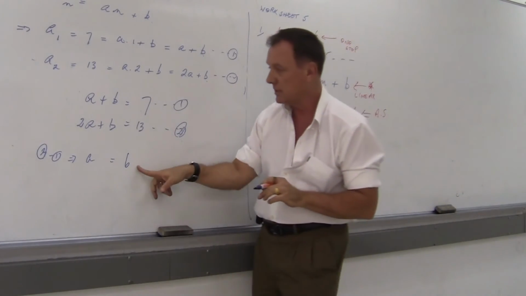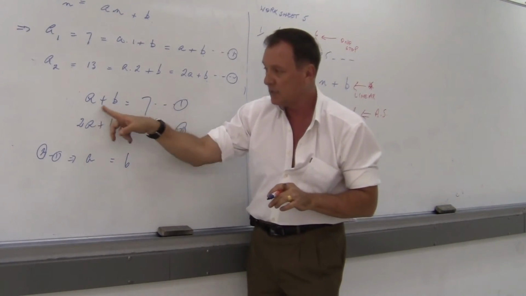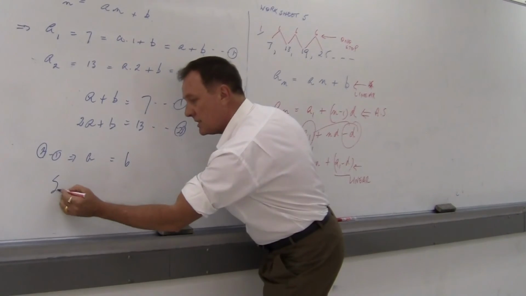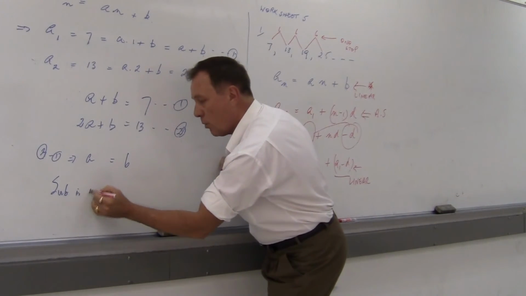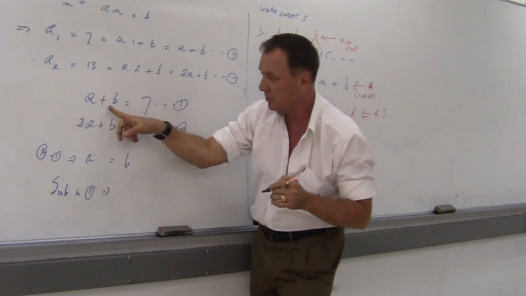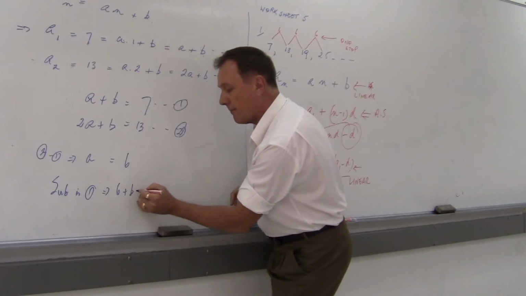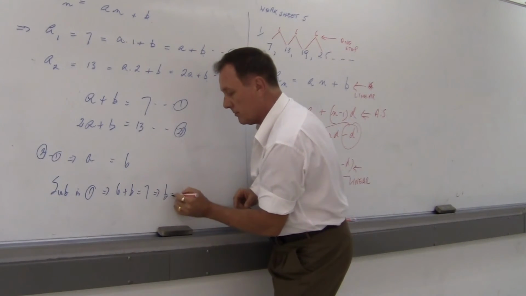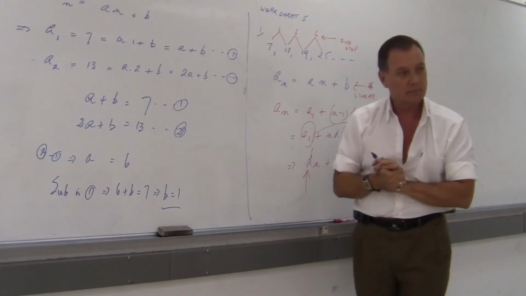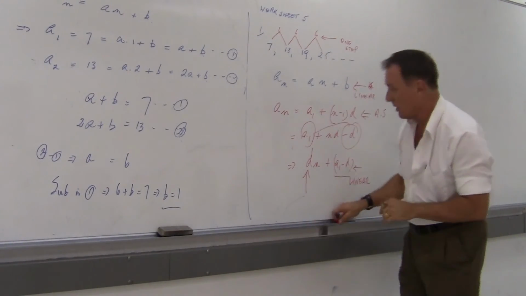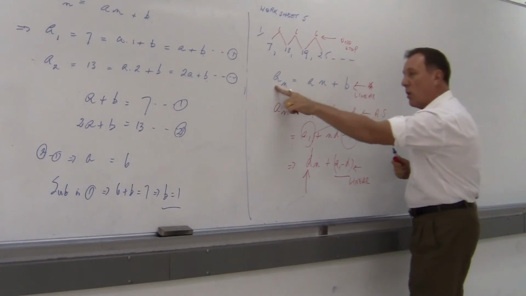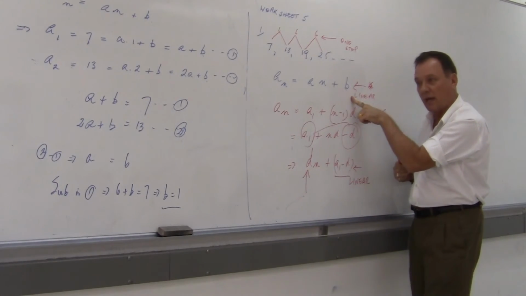Alright, now with a equals 6, if I go and sub in equation 1, what do we get? 6 plus b equals 7. So b equals 1. Alright, now what does it mean though? Here, this is what we say the nth term must be. And what have we solved?